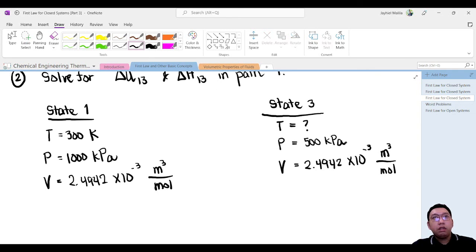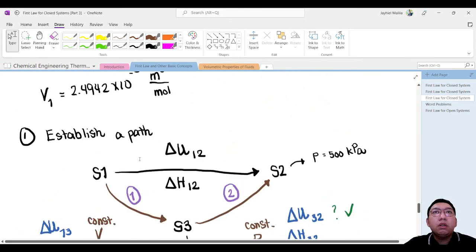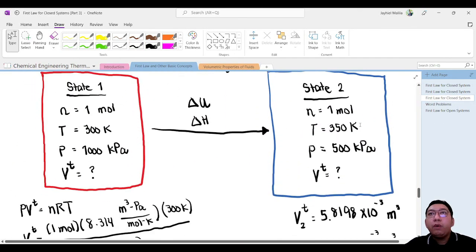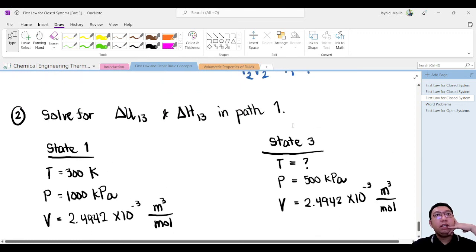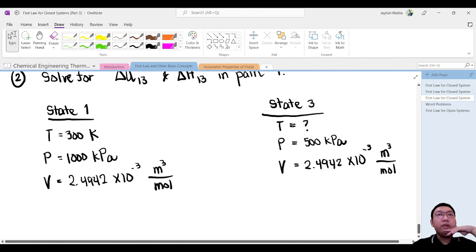For state 2 we have a temperature of 350. So the challenge here is to know what is the value of our temperature in state 3, the alternative state that we have created.